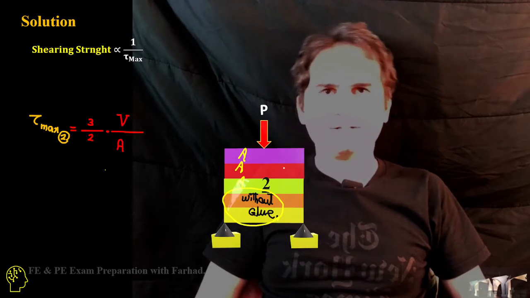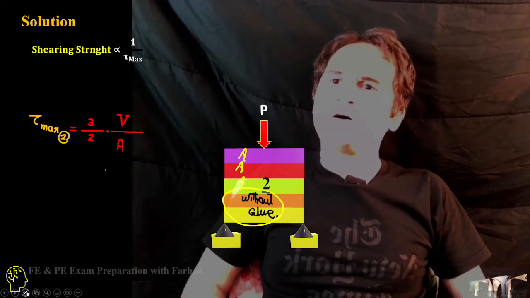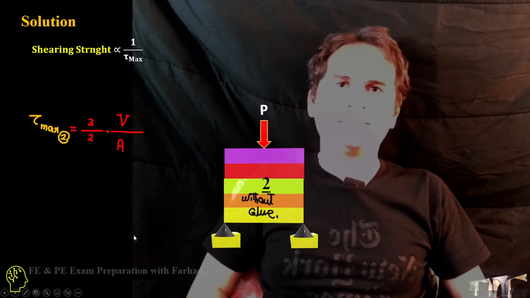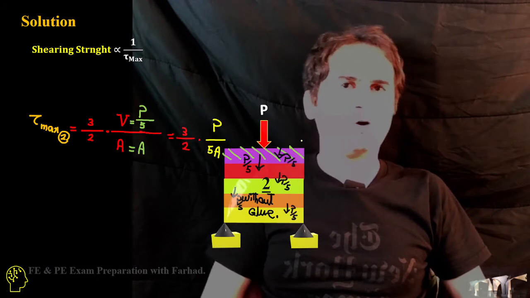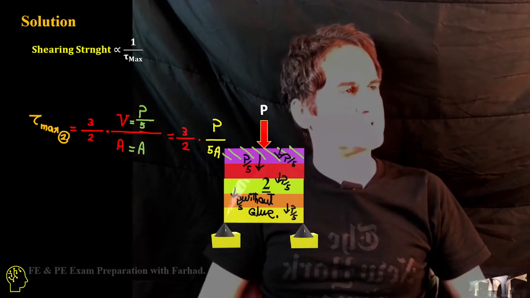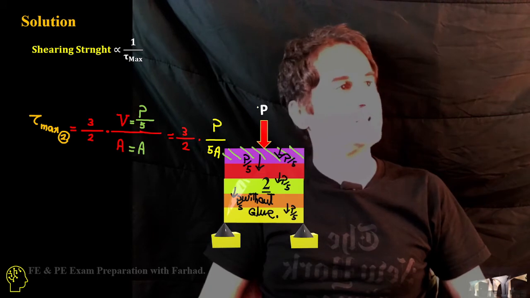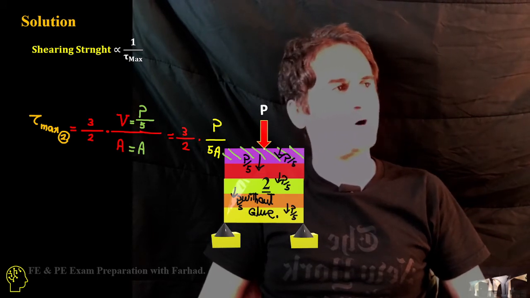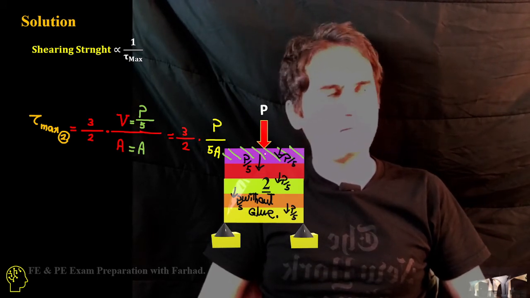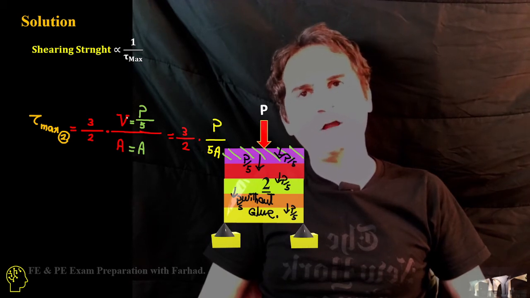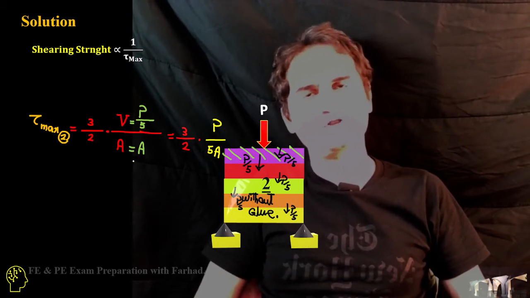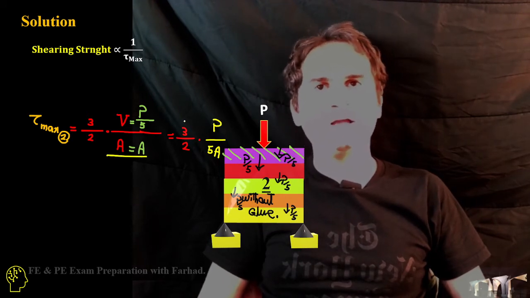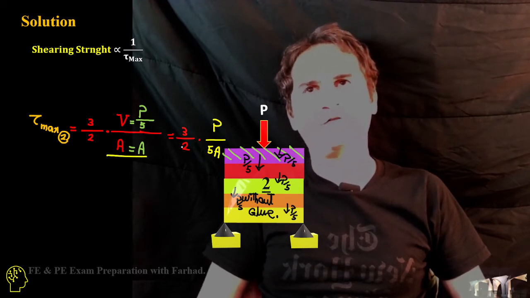It's as if we are dividing the shear amongst each box, because they are not stuck together. The share of shear for each box is P over 5. So this time V is P over 5 over each cross section, which is A, and that's again 1.5 P over 5A.